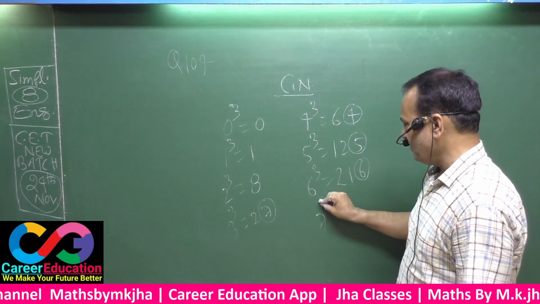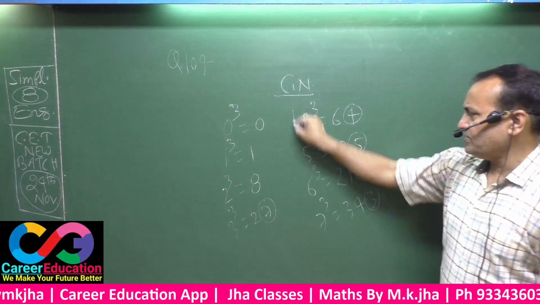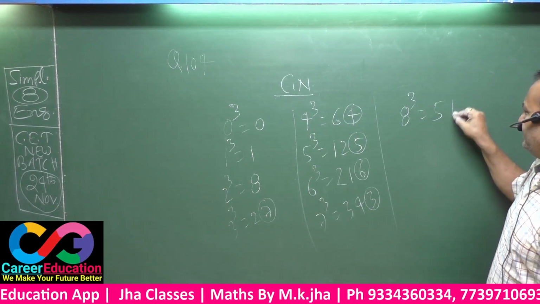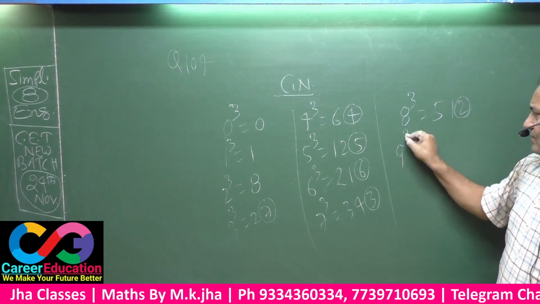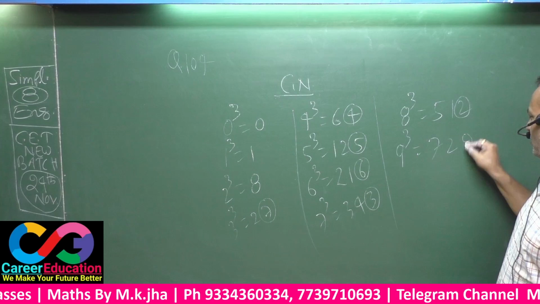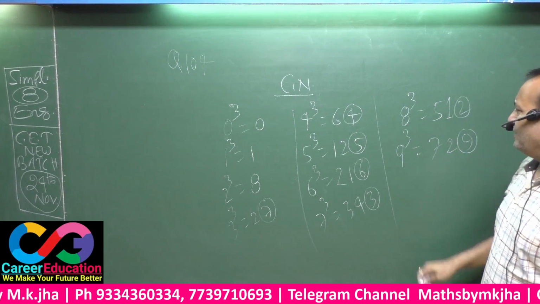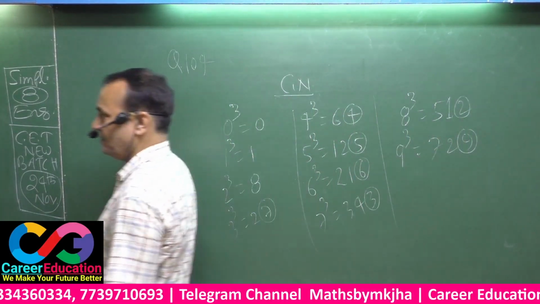That means at unit place of a cube number, 0 to 9 is possible.